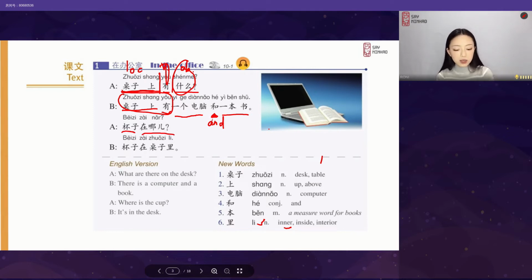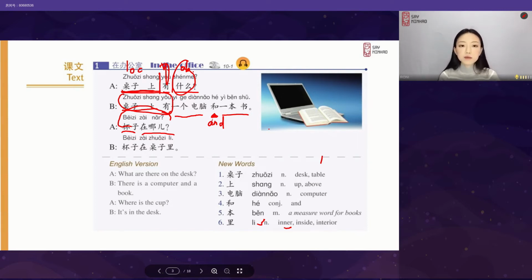It is the structure we've learned before about asking where something or someone is. 杯子在哪儿 means where is the cup? So this is the subject plus 在哪儿.